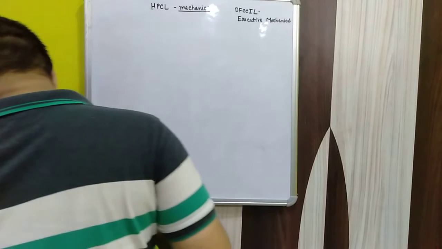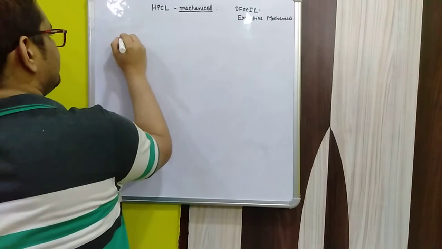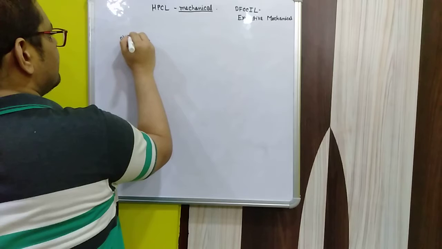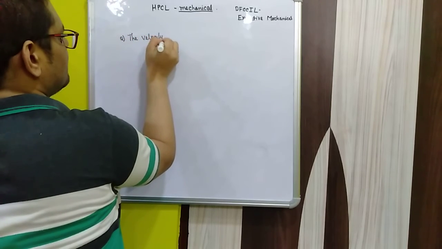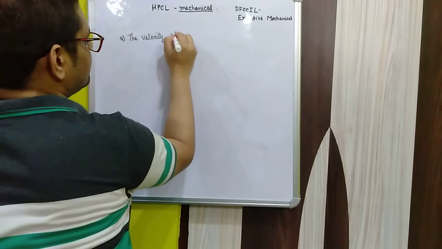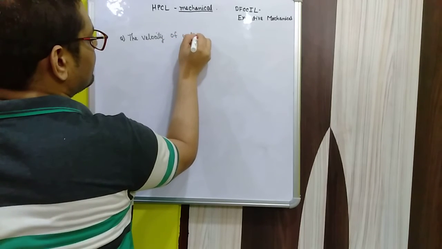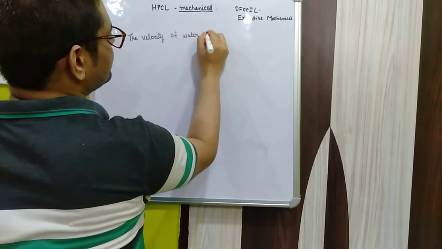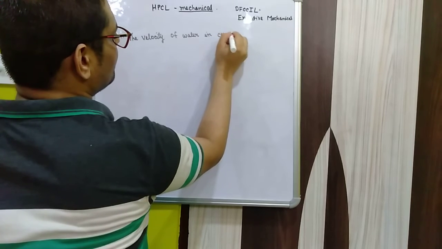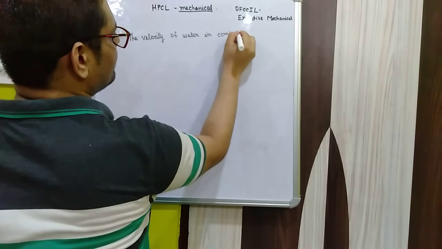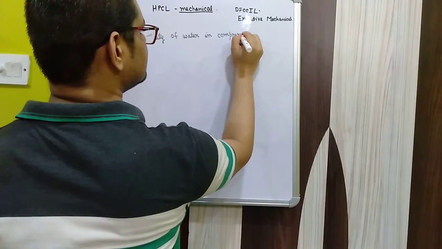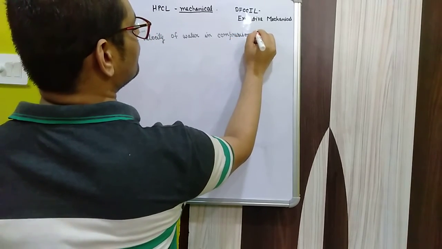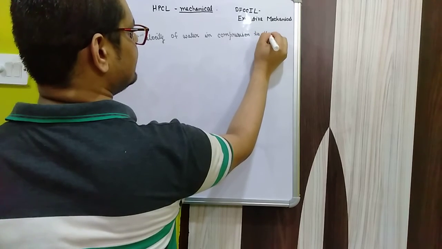The velocity of water in comparison to mercury, we can write as Hg.